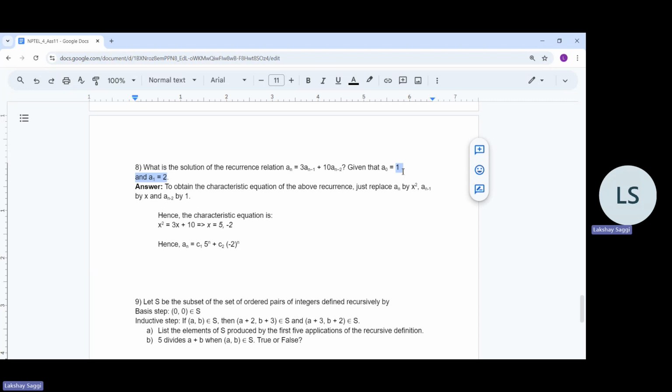So putting n equals 0, we obtain A naught equals c1 times 5 raised to the power 0 plus c2 times minus 2 raised to the power 0.